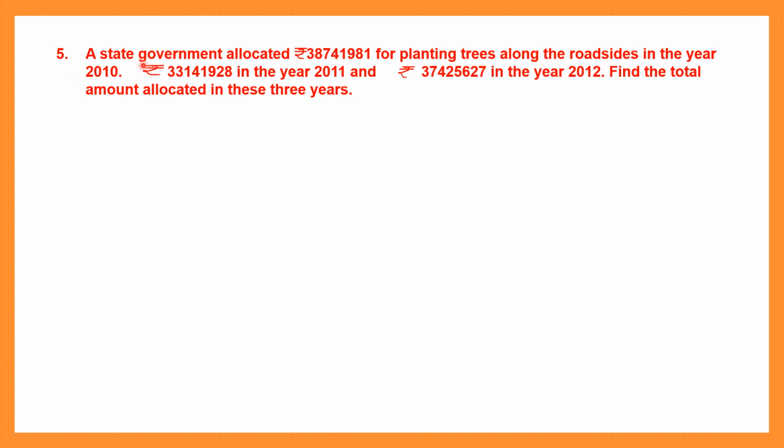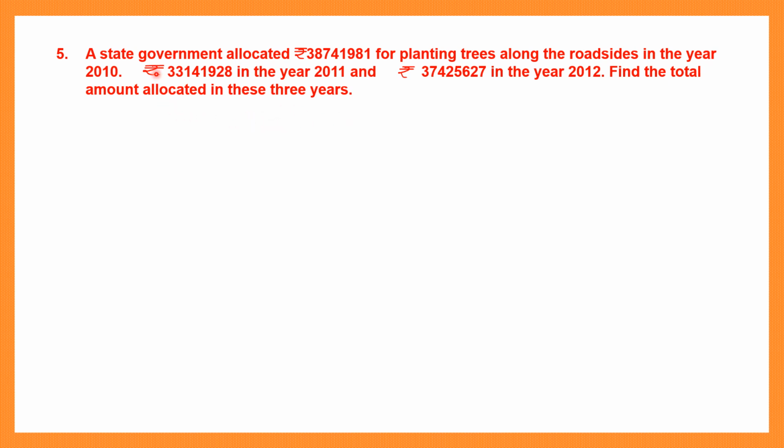Question 5. A state government allocated a certain amount for planting trees along the roadsides in the year 2010, another amount in the year 2011 and some more in the year 2012. Find the total amount allocated in these 3 years.